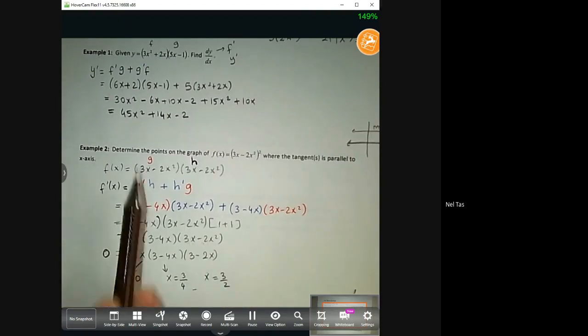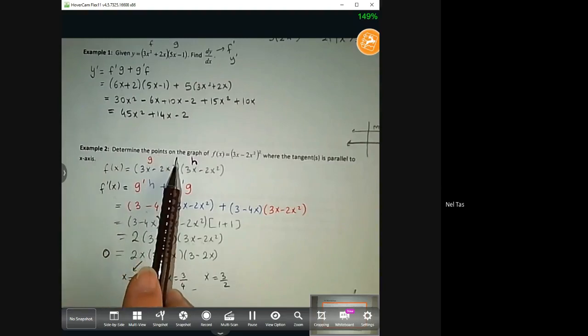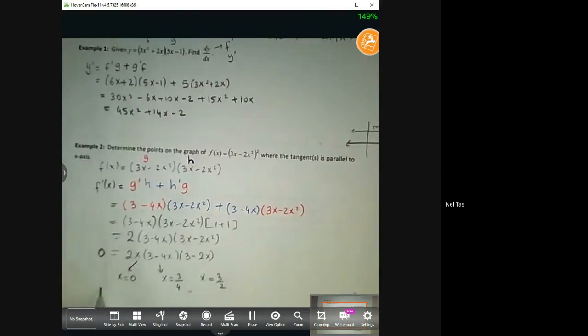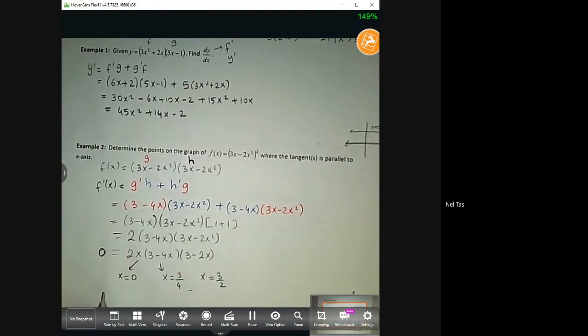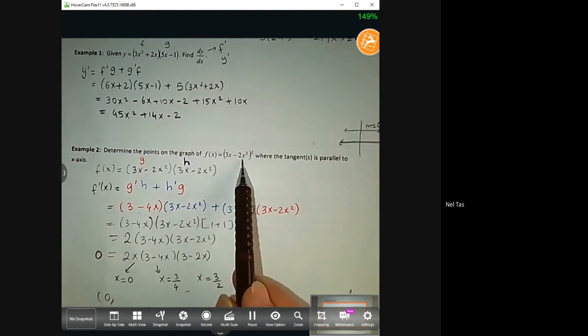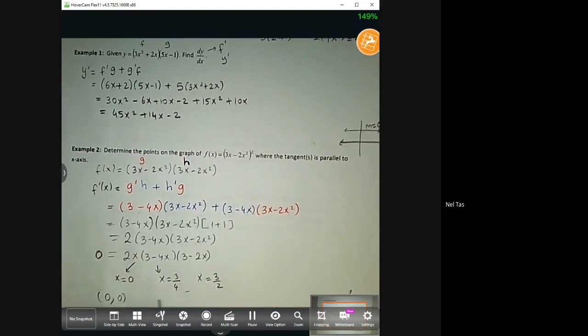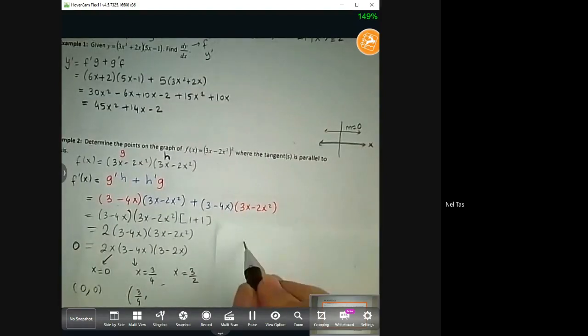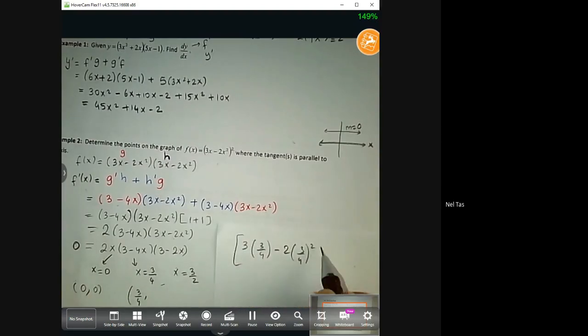Okay, so we got the x coordinates of the points where the tangents are parallel to the x-axis. We can also find the y coordinates. Take 0, sub it in the original function, so you get 0. Take 3 over 4, sub it in the function. So 3 times 3 over 4 minus 2 times 3 over 4 squared.